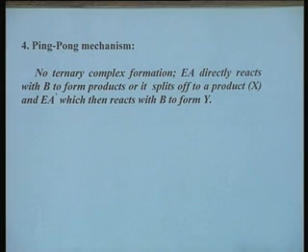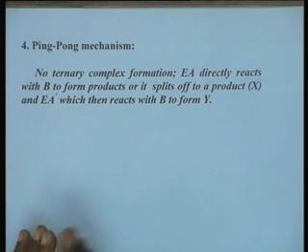So, all those cases are clubbed under the ping pong mechanism, and in this case the basic hypothesis is that no ternary complex is formed. As soon as the first substrate binds to the enzyme, it can react to form a product, or it can split off to a product and E. You will notice that the Theorell-Chance mechanism and the ping pong mechanism in some way might show analogy.